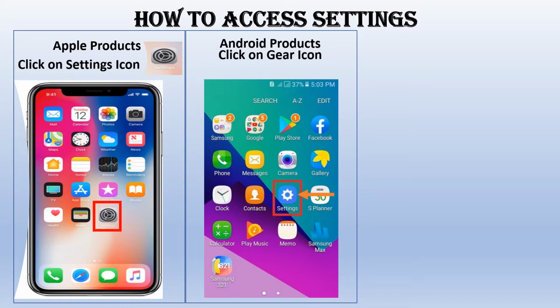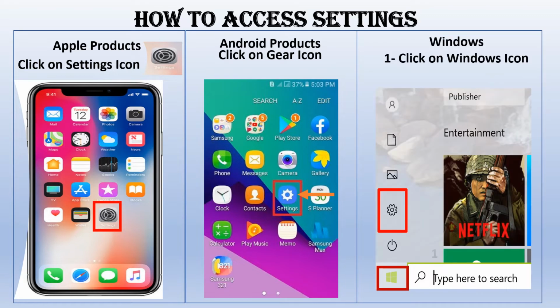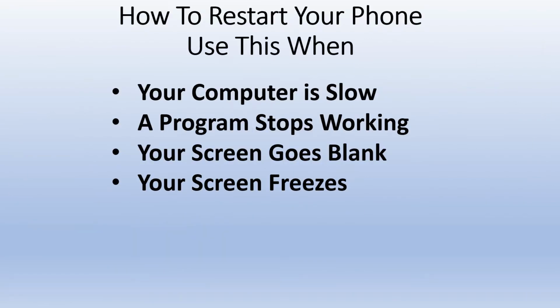This can also be accessed not only by going to the screen, you can drag your finger down from the top of the screen, and it will also bring out the ability to access settings. On Windows, you have to click on a Windows icon in the bottom left, and then you'll see the gear is going to be your second part, and you need to click on that, and that will open up your settings.